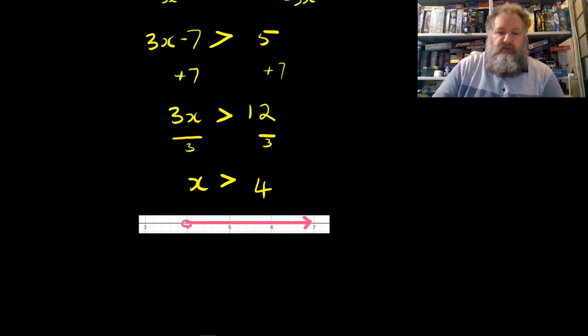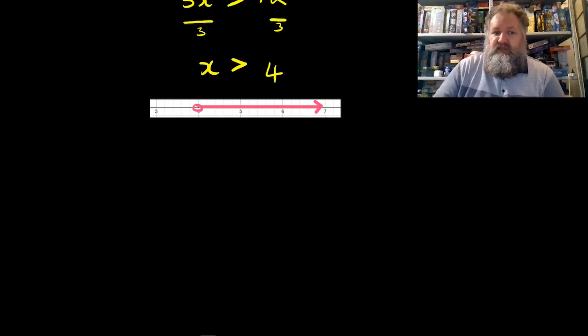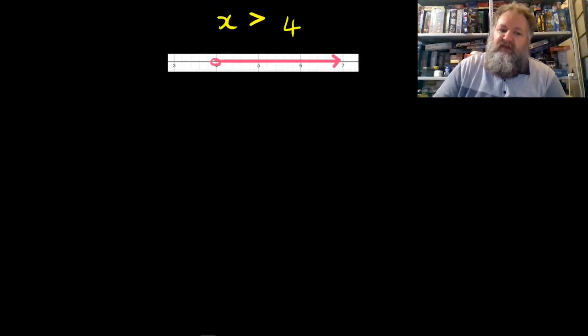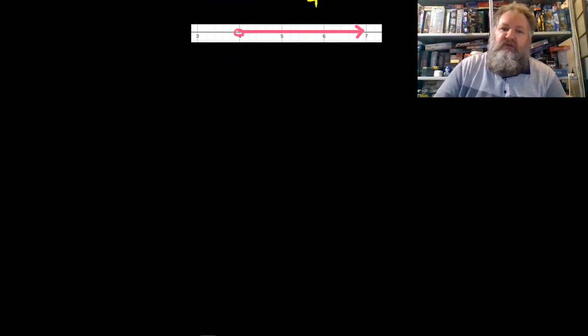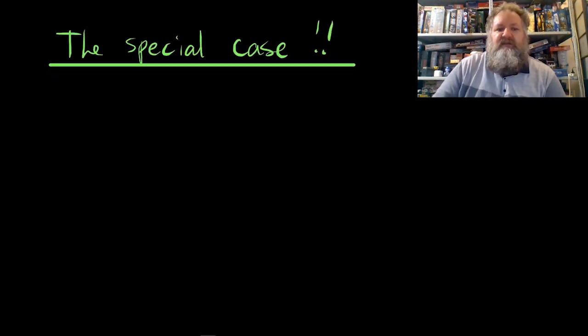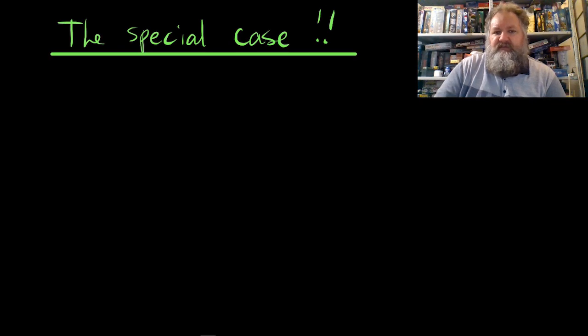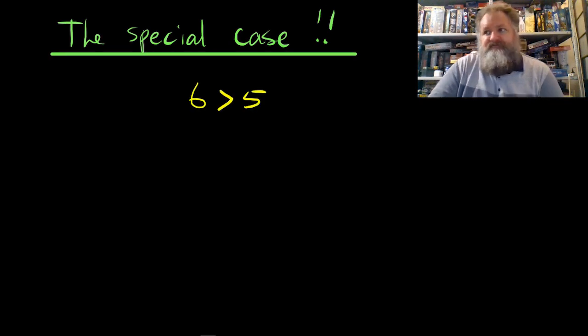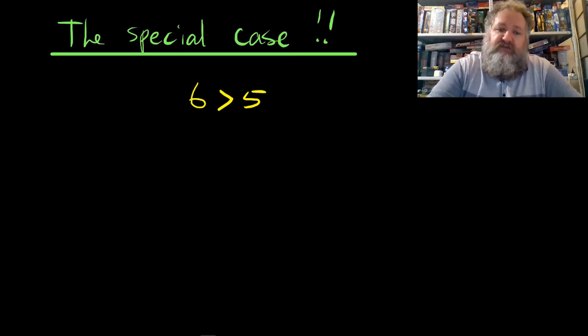Okay, so easy, I hear you say. There's one caveat, one special rule or case that we need to be a little bit careful of. Let me show you what that case is. Take this one here. 6 is greater than 5. Well, that's very easy. That's for sure.